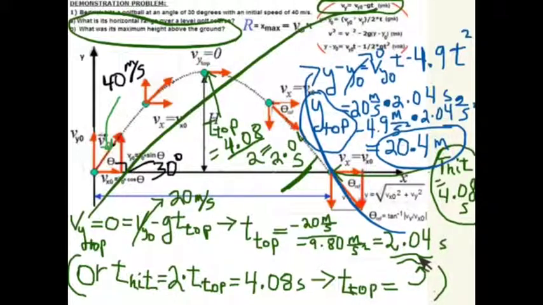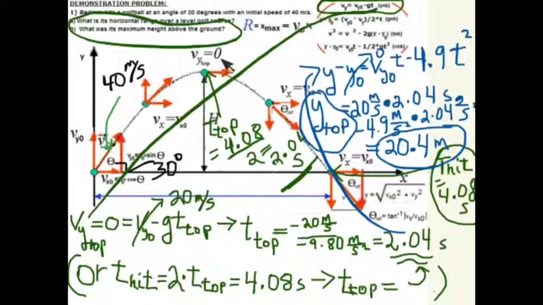And so now we take this time and substitute it into the final velocity not known equation. So we get Vy naught times the time to the top minus half the acceleration of gravity, 4.90 meters per second squared, times the time to the top squared. We put in the numbers and we end up with 20.4 meters as the vertical height reached by the ball.